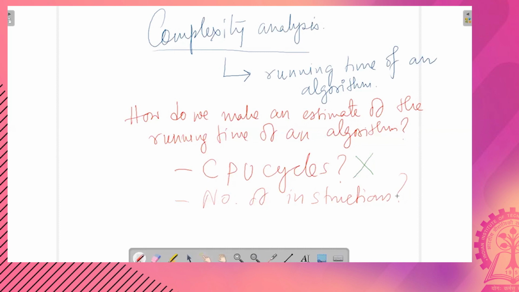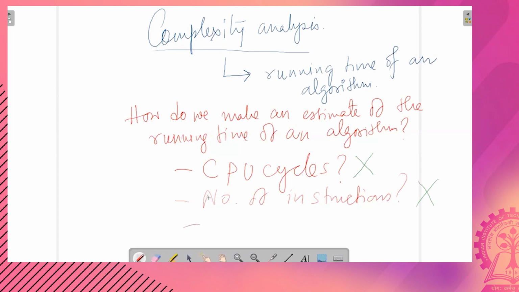A simple comparison would be C with Python. There are many inbuilt functions in Python which are not available directly in C, and you have to write more lines of code. So the same algorithm implemented in different languages would require a different number of instructions. Therefore, this is also not a correct way of measuring the running time.